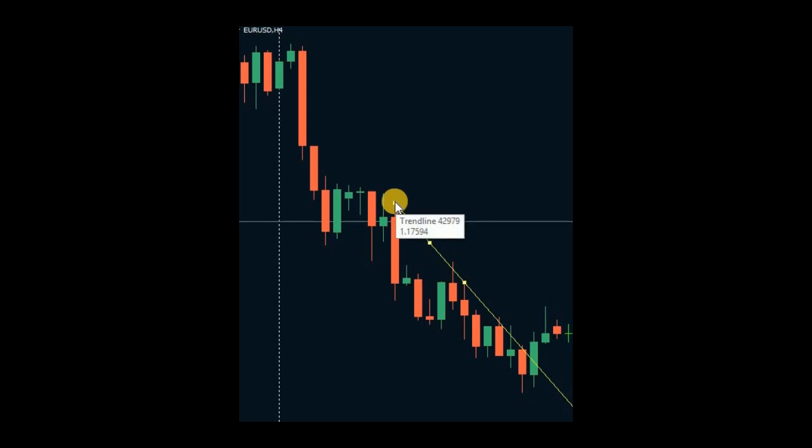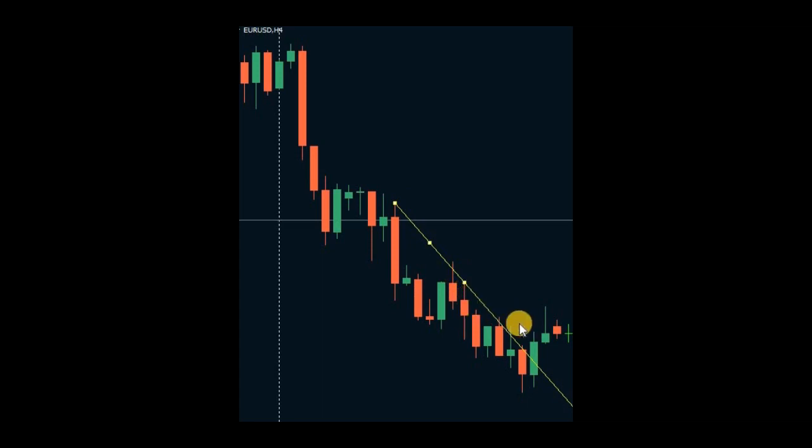we have to connect these two tops in a way that it contains all the possible candles. What do I mean by all the possible candles? Look at this trend line.